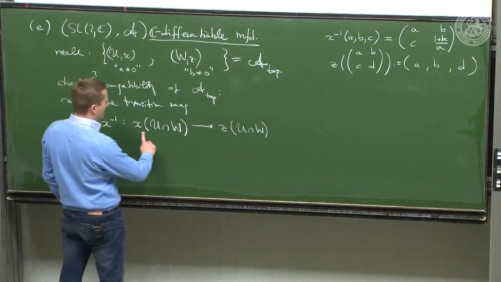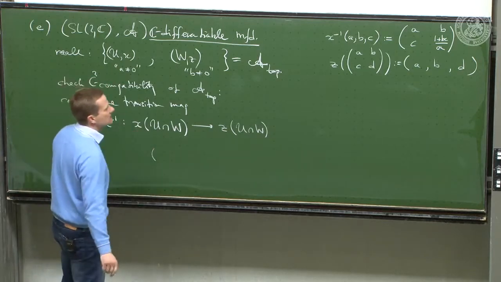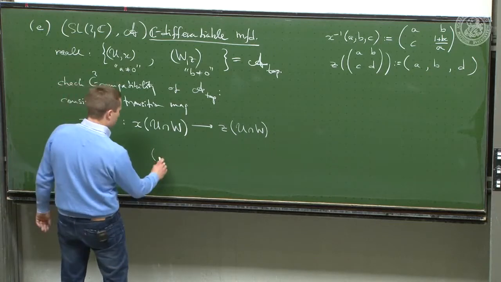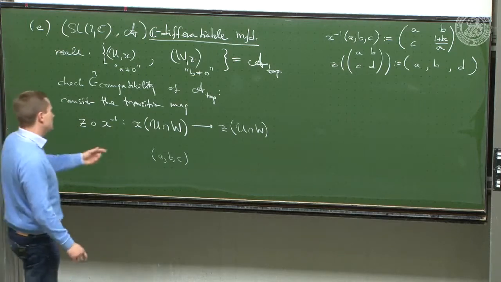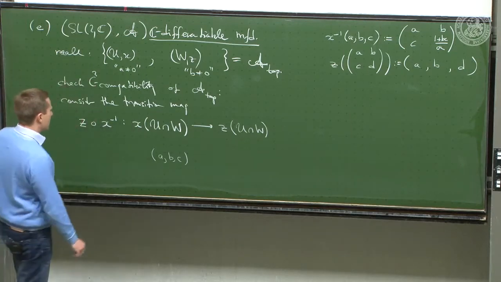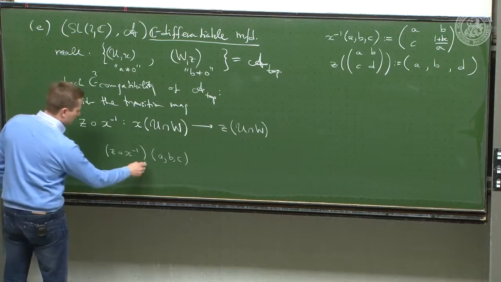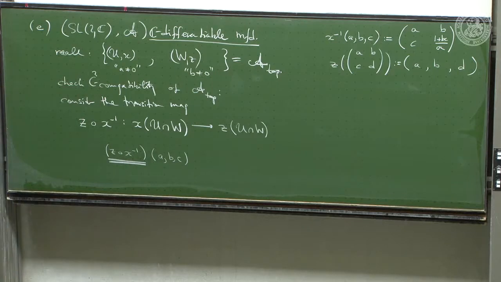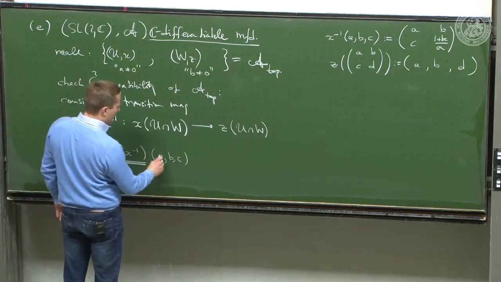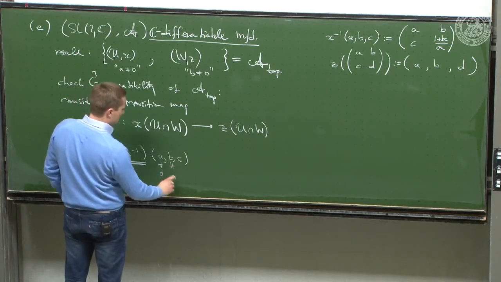Okay, so now we compose these two maps. I start with an arbitrary point in the image of X, let's call it A, B, C. So we start somewhere in the chart image of the chart UX, and then we apply to it this transition map. We want to check what the properties of this are. Because this is the chart domain and the intersection with the other, we know that A is non-zero, and we know that B is non-zero as well, because it comes from the intersection.